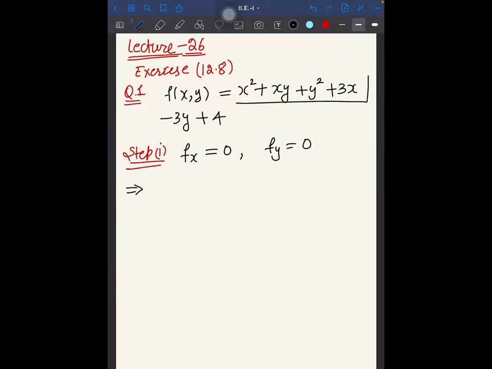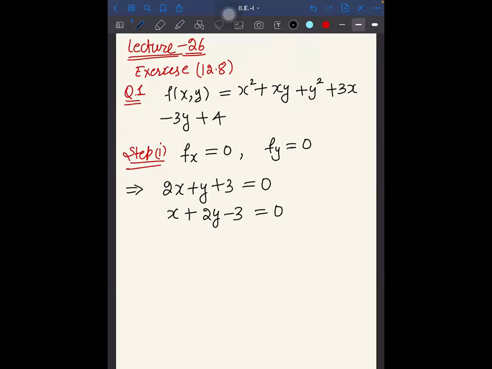Differentiate this whole function with respect to x only, regarding y as constant. So that becomes 2x plus y, and the derivative of y square would be 0, so plus 3, and the rest of the terms will be 0. Is it fine? Yes, now we'll calculate fy equal to 0. That becomes x plus 2y minus 3 is equal to 0. Is it okay?